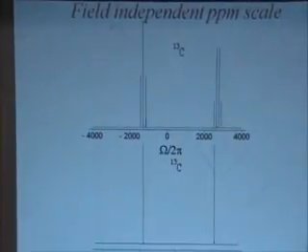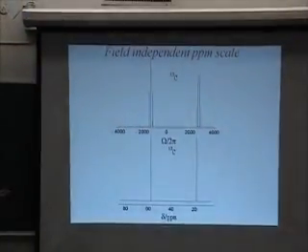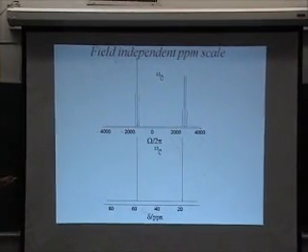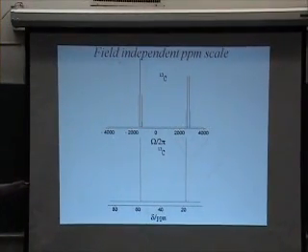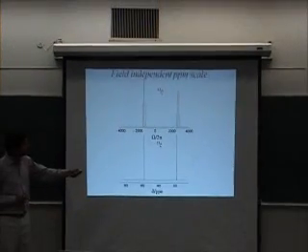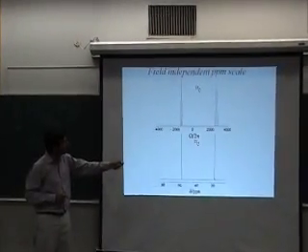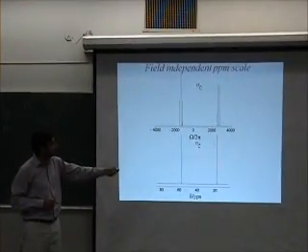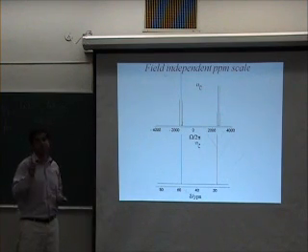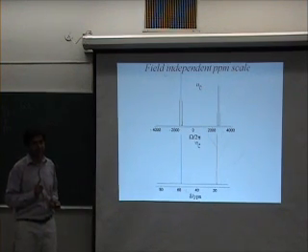Now this is an example. The same spectrum, when it was plotted on an absolute frequency scale, absolute with respect to a transmitter frequency. This is really not plus 2000 or 2500 Hertz. It's referenced with respect to the transmitter frequency.